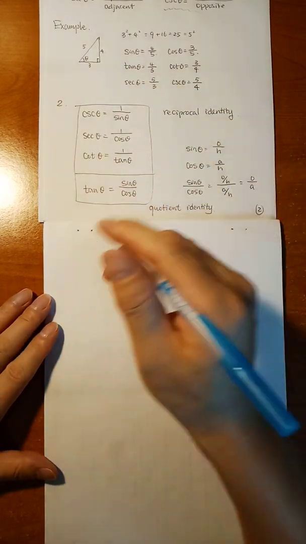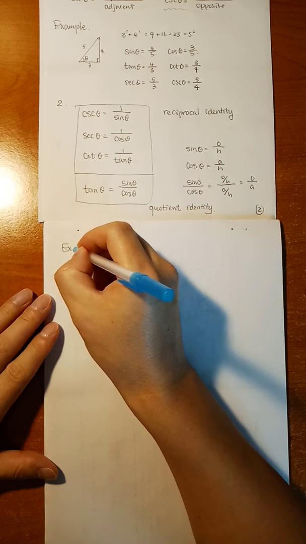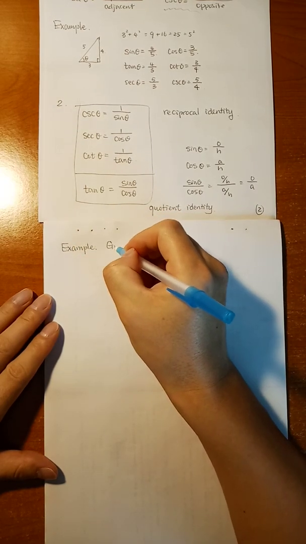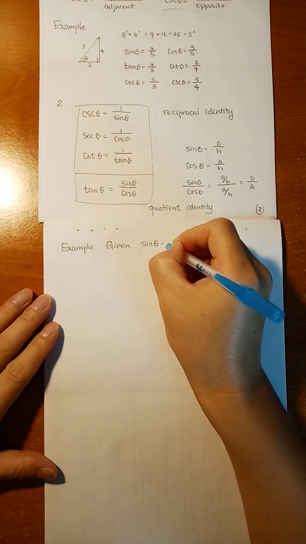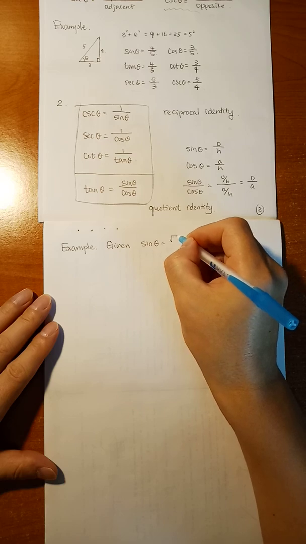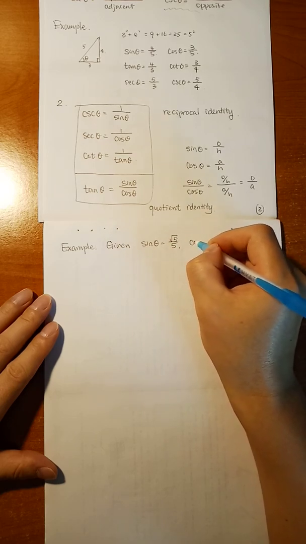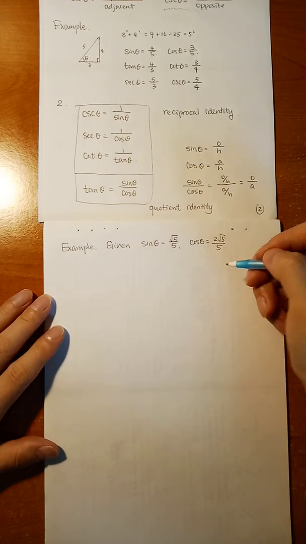Okay, so let's see an example. Given sine theta equal to square root of 5 over 5, cosine theta equal to 2 times square root of 5 over 5. Find the other 4 remaining trigonometric functions.